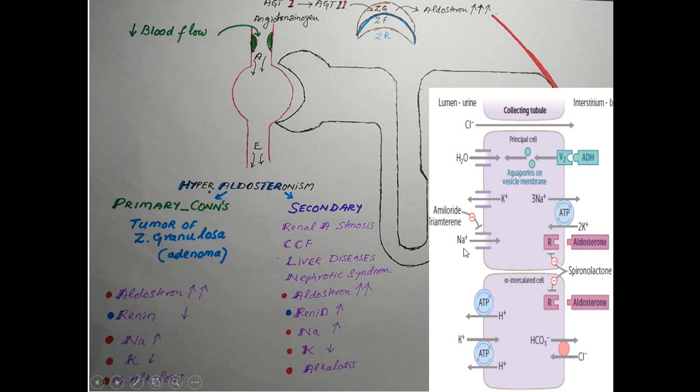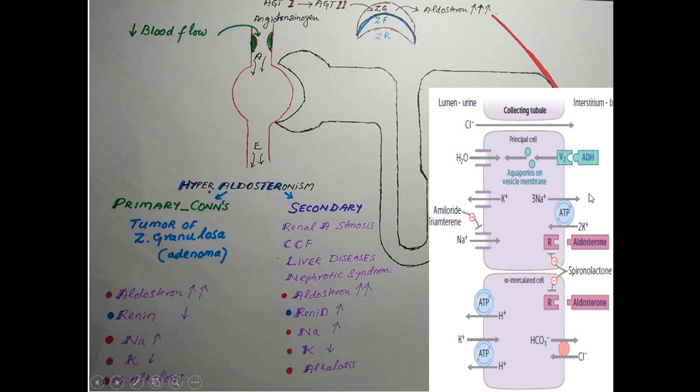So this is the mechanism of reabsorption of sodium from the lumen into the principal cells through the ENaC channels, and these channels are also formed under the effect of aldosterone. Then once the sodium is inside the principal cells, it will cause excessive functioning of this ATPase pump, and these 3 sodium will move into the interstitium, that is, be reabsorbed.